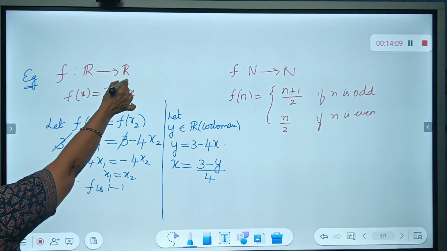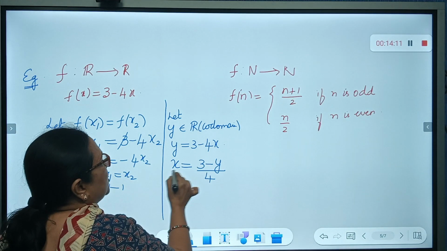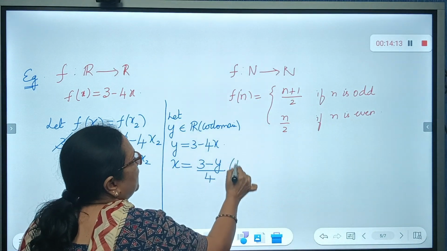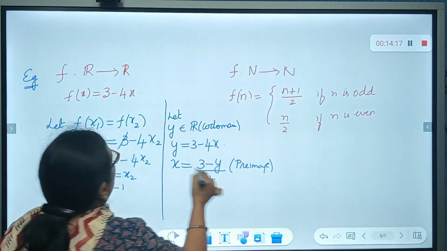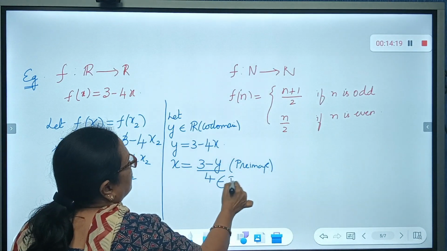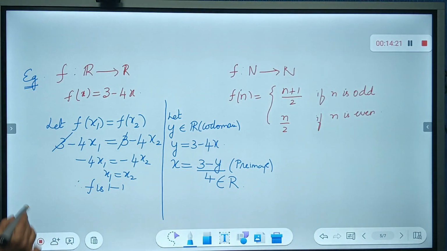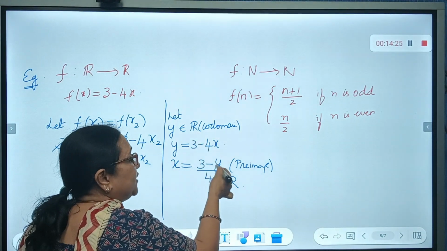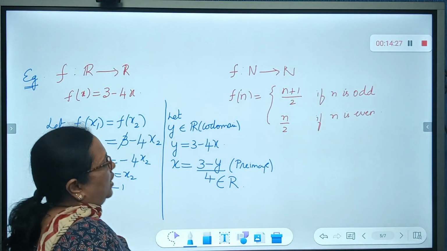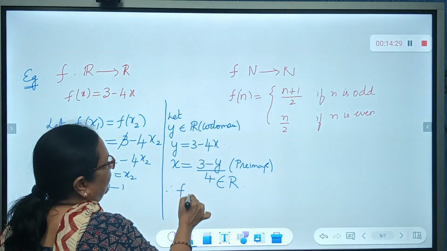So given a y in R, 3 minus y by 4 will be the preimage. Is it possible? It will always belong to R. If y belongs to R, 3 minus y by 4 also belongs to R. Therefore, f is onto.